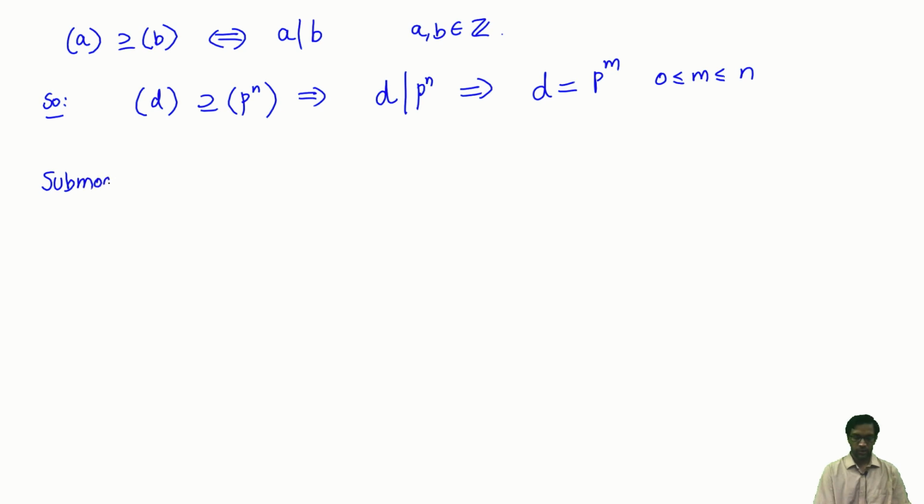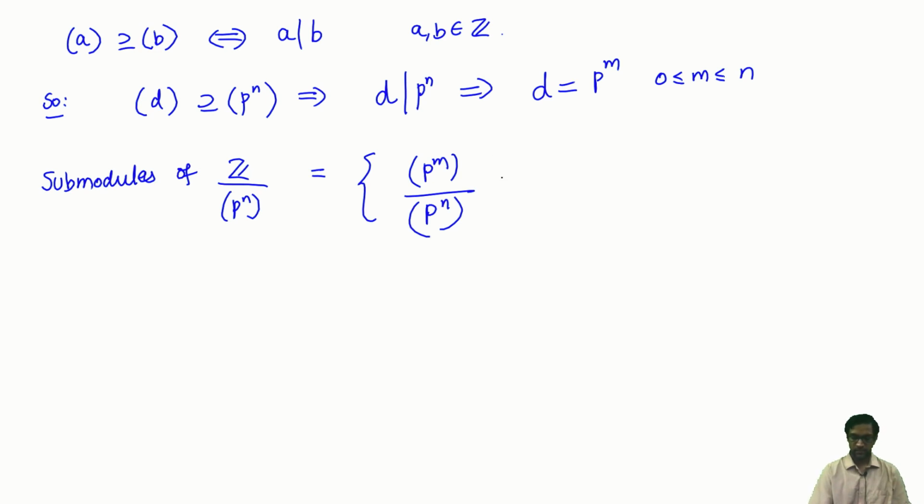So the submodules of Z modulo p^n are exactly of the following form. Take p^m and look at its quotient.